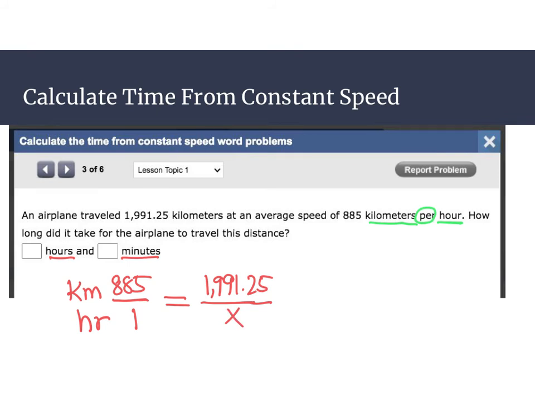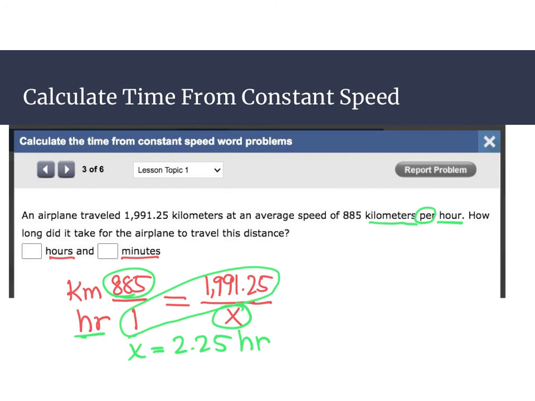When we cross multiply and divide, 1,991.25 divided by 885, I get x equals 2.25. Now remember, because my x is in the hour spot, this is hours. So going back to our last question, we do know for sure that it's going to be 2 hours and so many minutes. Right here, we have that 0.25.